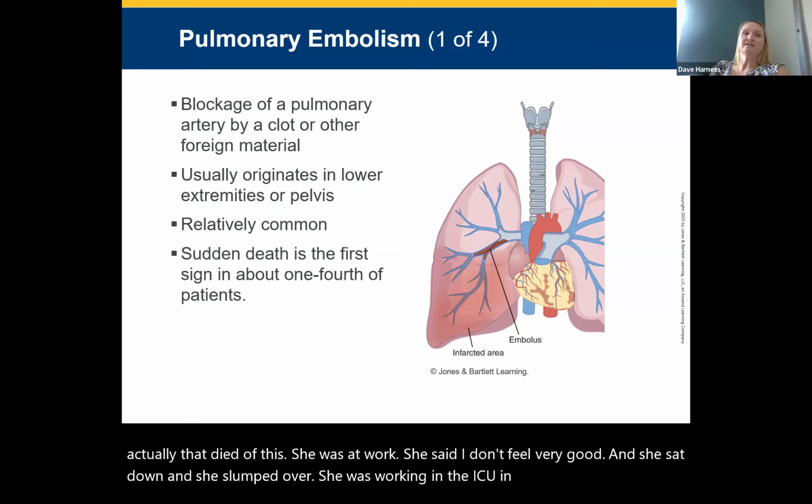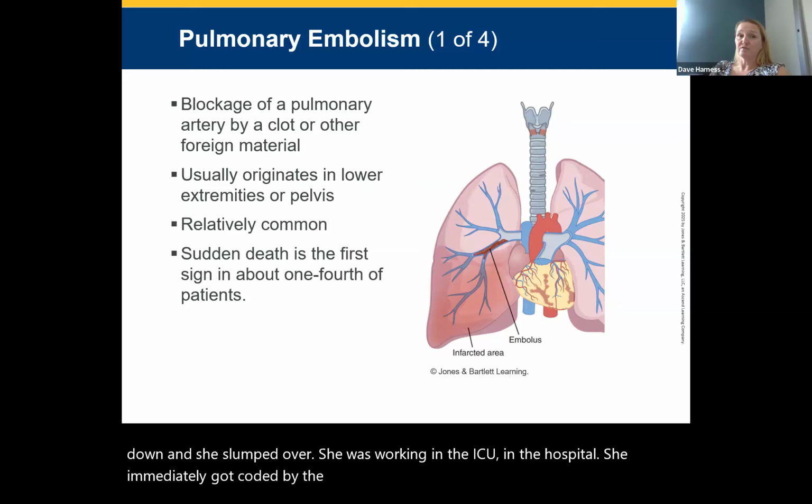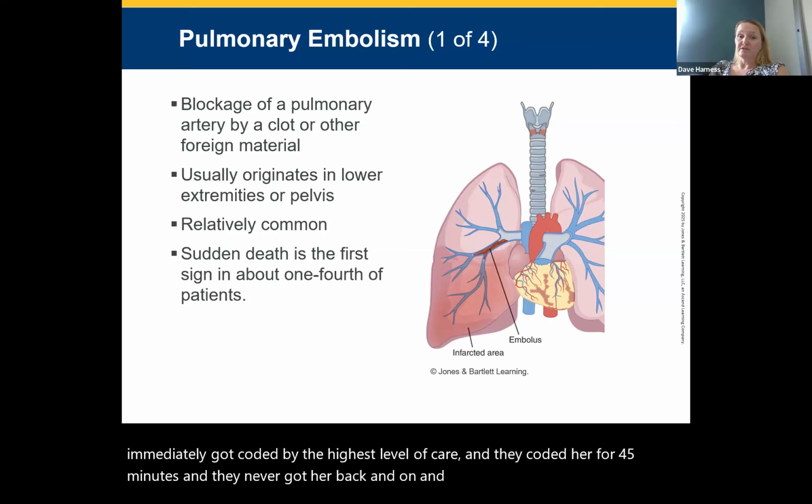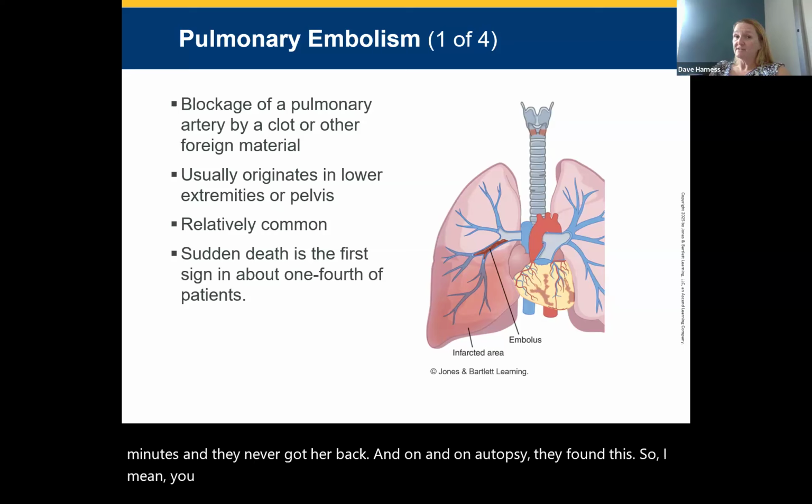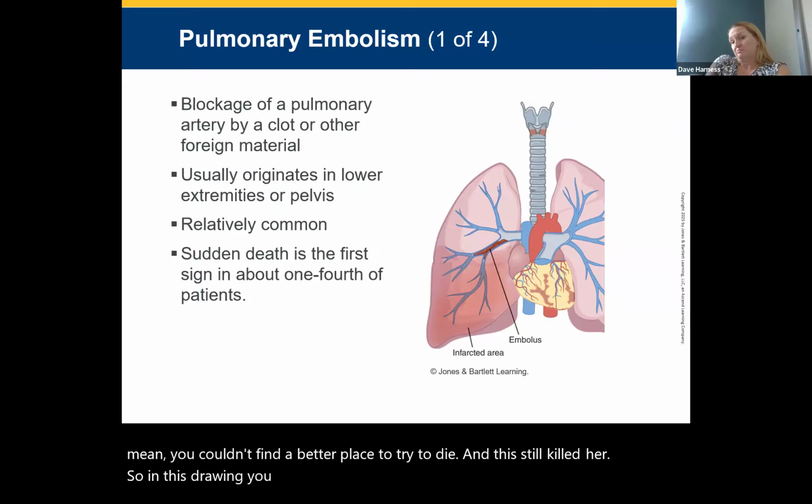She immediately got coded by the highest level of care, and they coded her for 45 minutes, and they never got her back. And on autopsy, they found this. So I mean, you couldn't find a better place to try to die, and this still killed her. So in this drawing, you can see that the entire right lower lobe is not getting any blood flow.